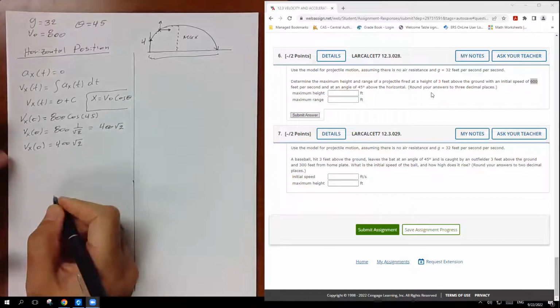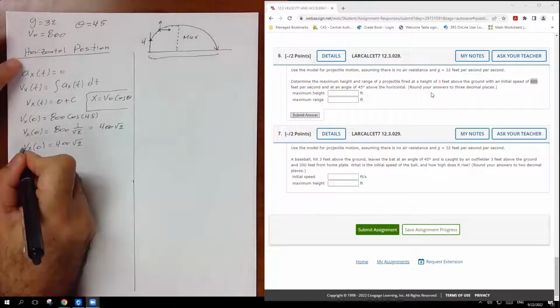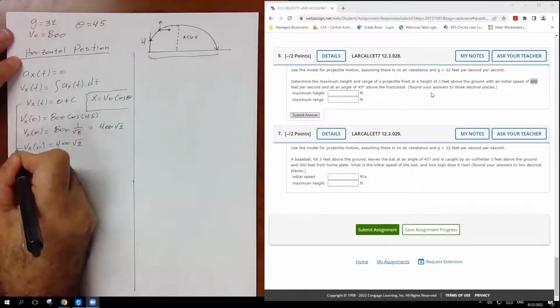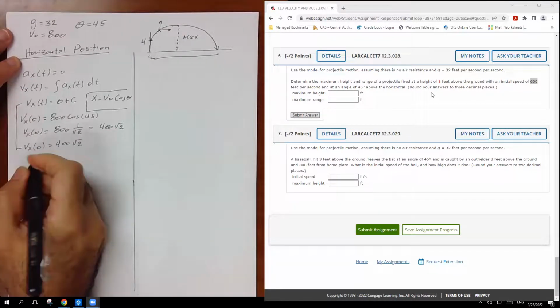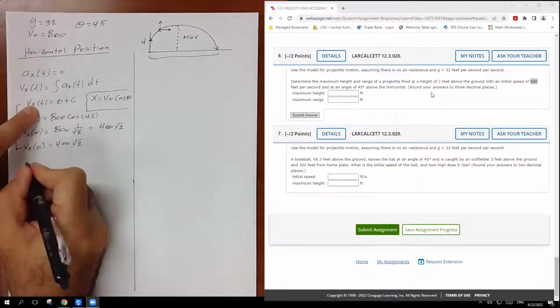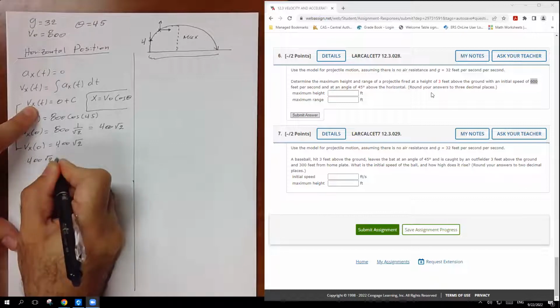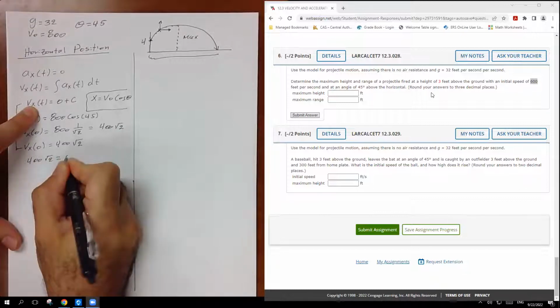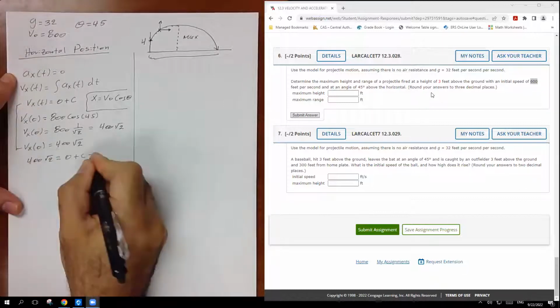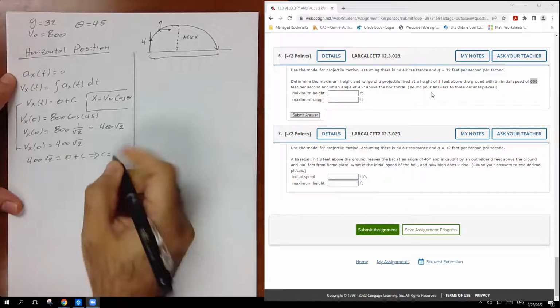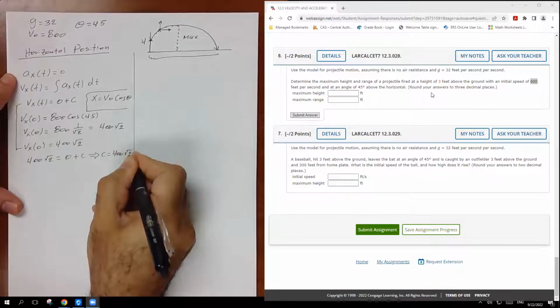Now I need to find the c, so I'm going to plug in v sub x of 0 here. That means 400 square root of 2 with t equal 0 is 0 plus c. So that means c is going to be equal to 400 square root of 2.